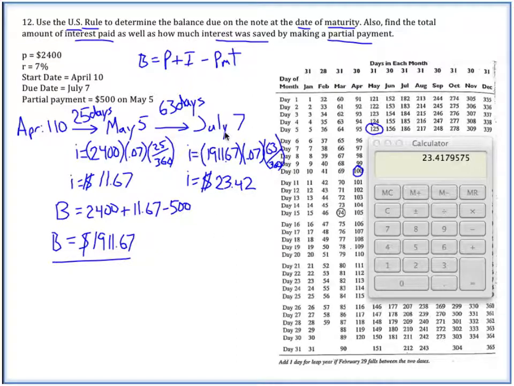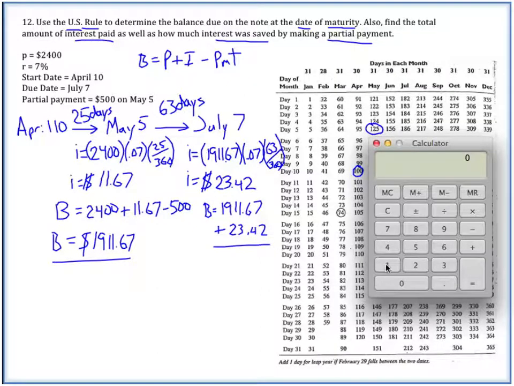Okay, so on July 7th, this is the due date. So we want to find out how much is due on this day. And so if we wanted to find our new balance, it's going to be 1911.67 plus the interest that accrued of $23.42.